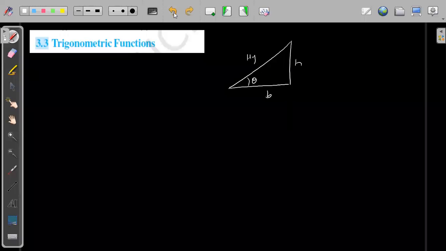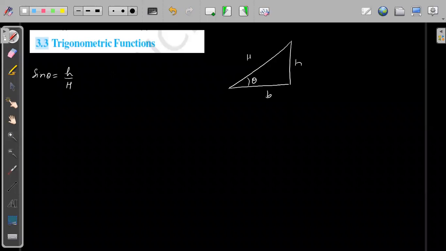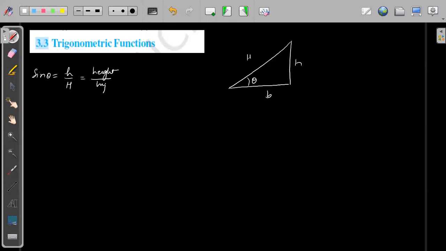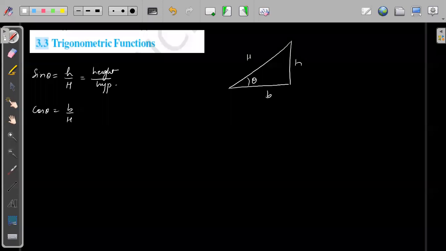I will write hypotenuse as capital H. Sine of theta will be height upon hypotenuse. And cos theta, we will have base upon hypotenuse. Next is tan theta, we will have height upon base.